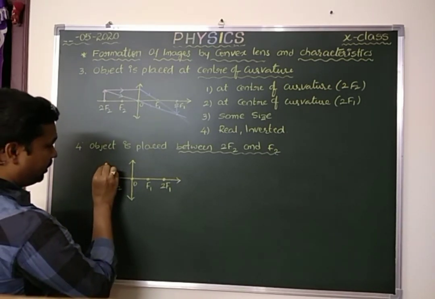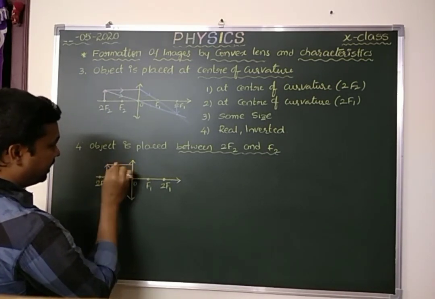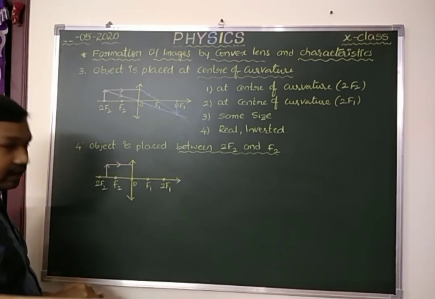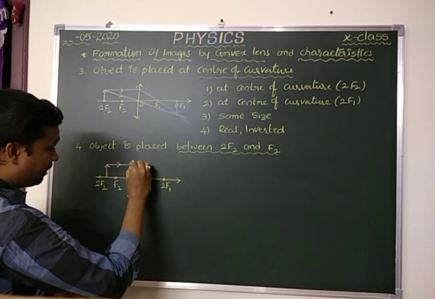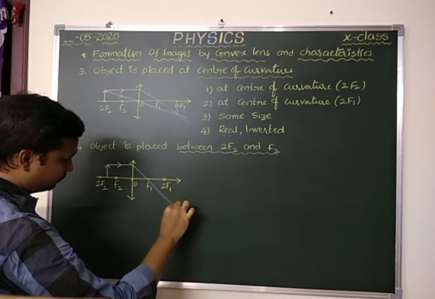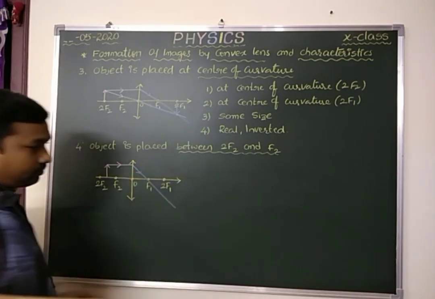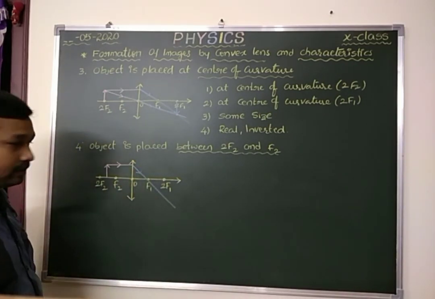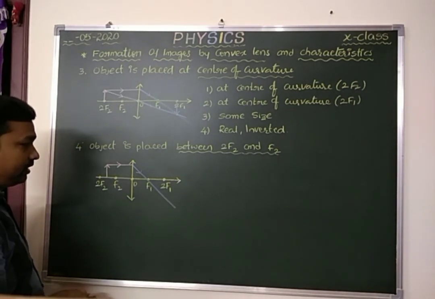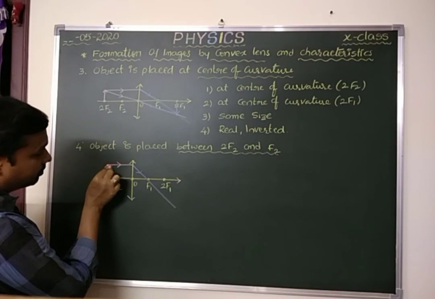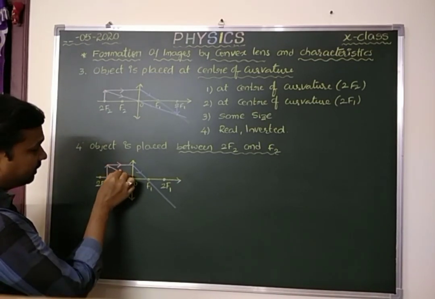From this, according to rules, we are taking one light ray which is moving parallel to the principal axis and gets refracted. Refracted light ray always passes through focus. This is the refracted light ray. One more light ray, if it is passing through optic center, it won't be deviated.